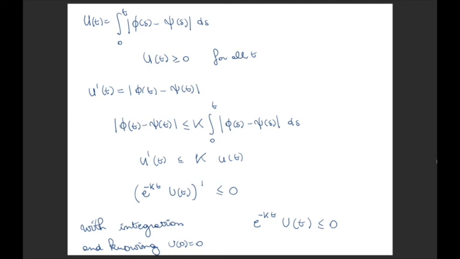Doing some shifts around, we notice that we can write this as e to the minus kt times u of t, all of this derivative with respect to time. And we know that this is bounded by 0. So with integration and knowing that u of 0 is equal to 0, we know that e to the minus kt multiplied by u of t is smaller or equal than 0.